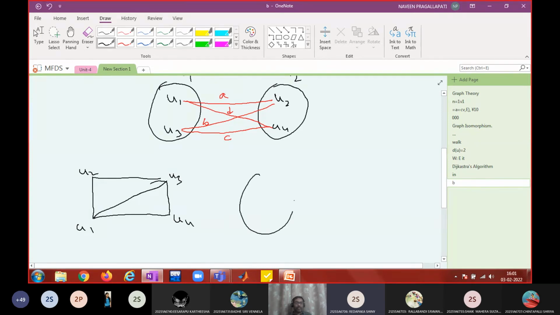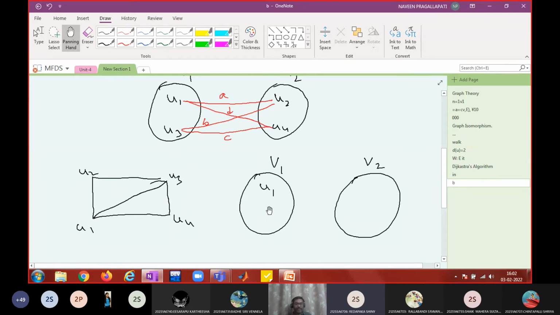You have to partition into two sets such that no two vertices in the first set are adjacent. So let us say I am putting U1 here. Let me call this V1 and this V2. Which vertices can I not put here?